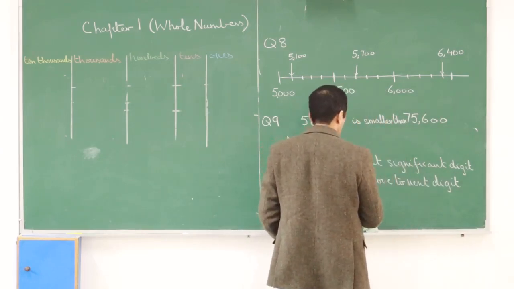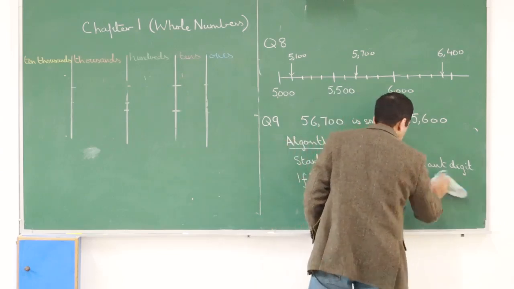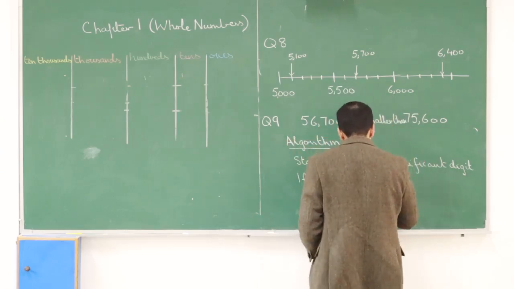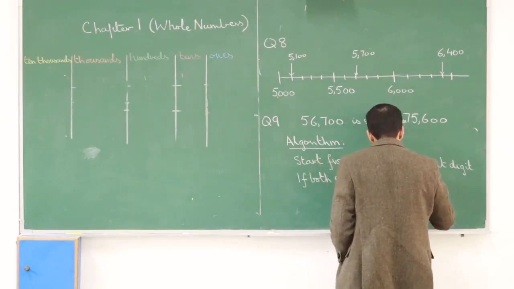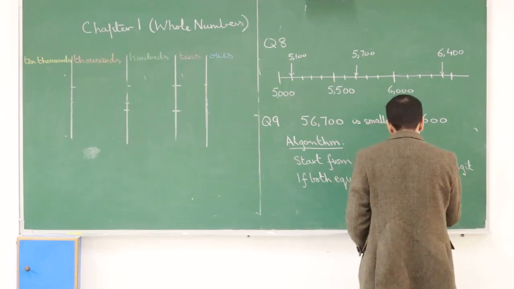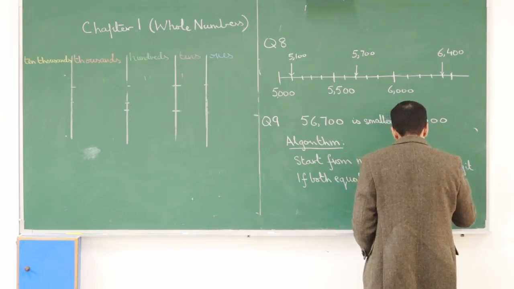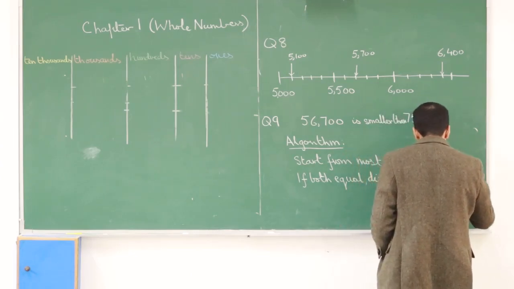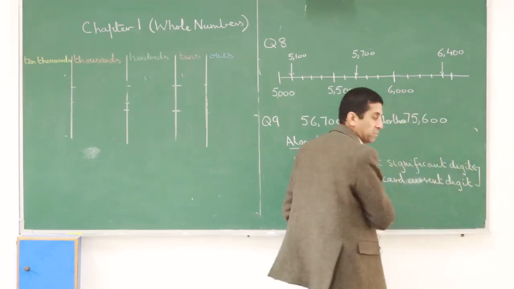So if both are equal, you discard the current digit, and repeat. Go back to step 1, right?